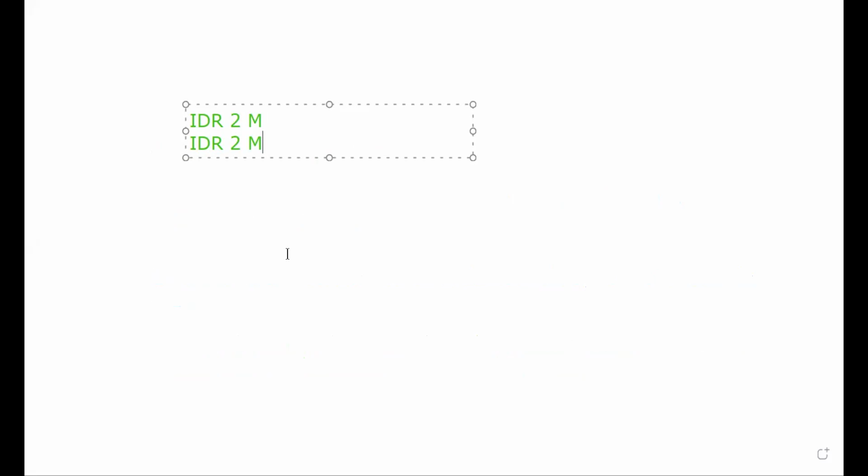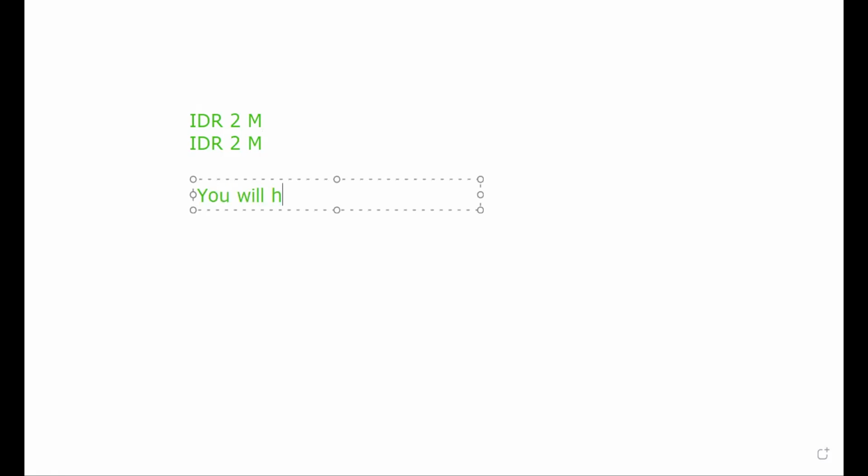So if you have the same sample, the same data, that means you will have perfect multicollinearity. Perfect multicollinearity means you cannot get the estimated parameters.